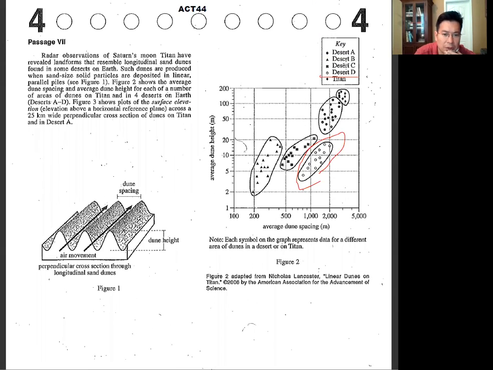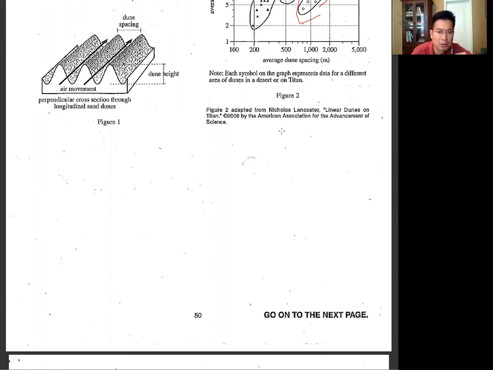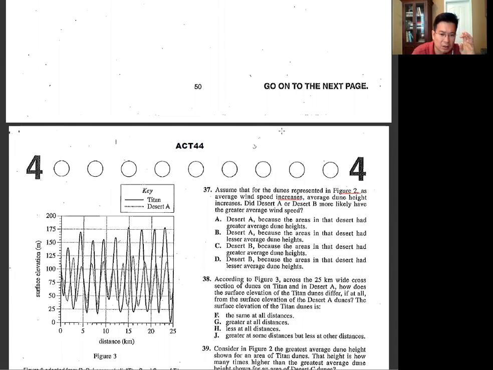Assuming that the dunes in figure 2 represent increasing average wind speed, then it's going to be spread out more, I guess. If you compare A and B, A is a smaller area and B is a larger area. So a smaller area means the height will be greater, I guess, right? Because it's up.